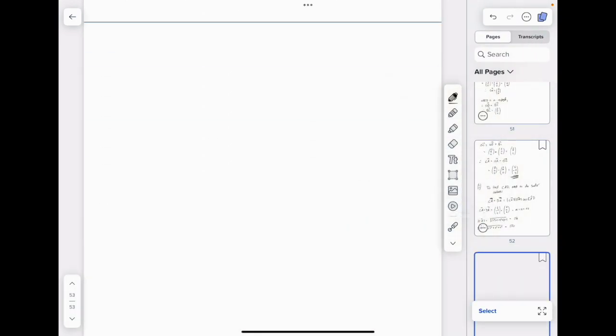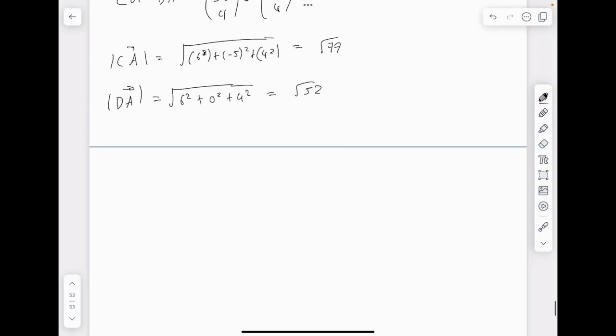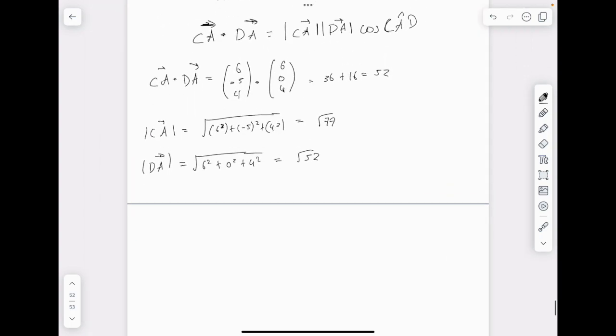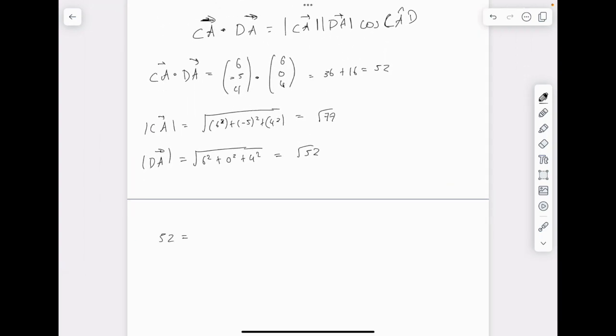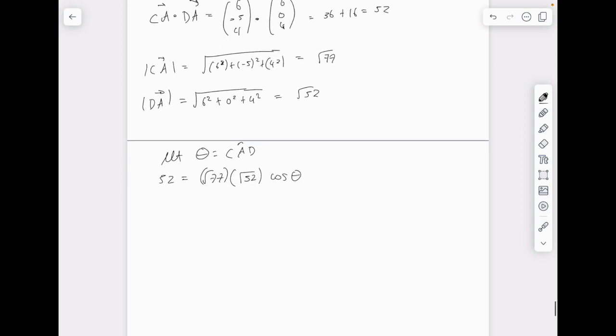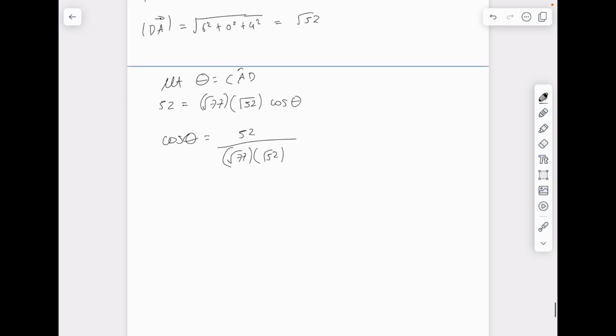So therefore, what we can then say is, okay, so what we have is 52 equaling root 77 times root 52 cos of CAD. So I'm going to say let theta equal CAD. Therefore, cosine theta is equal to 52 over root 77 and root 52.